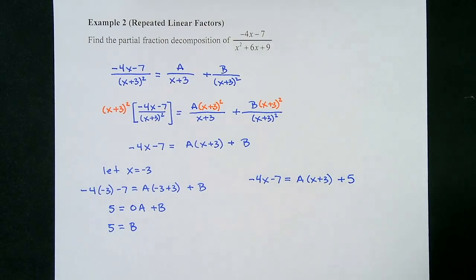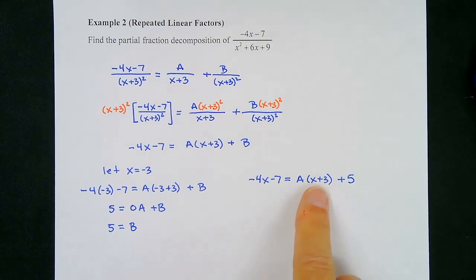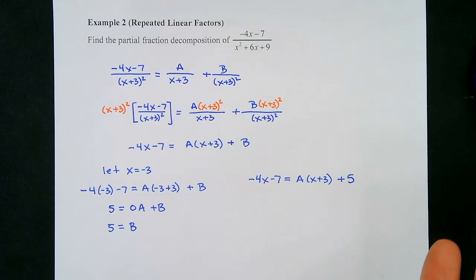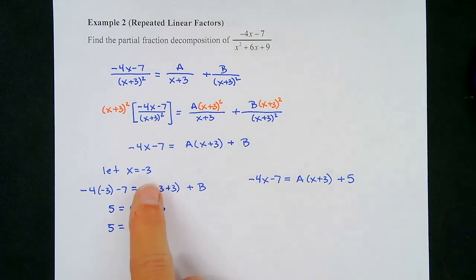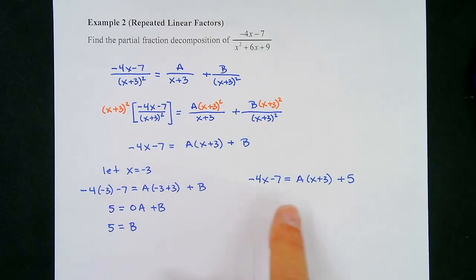So I know that's 5. All right. Now, for here, how do we pick this? We can actually pick any x value as long as this factor right here, x plus 3, doesn't equal 0. So I wouldn't want to pick x equals -3, because then that would be 0 and we'd be back to, basically we'd get 5 equals 5, because we already picked x equals -3, right?